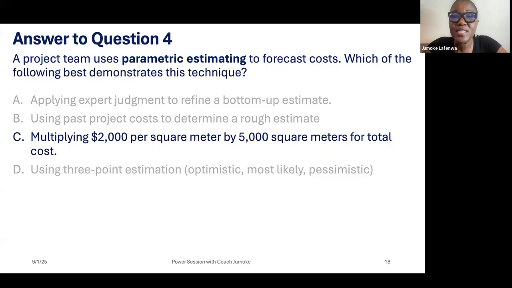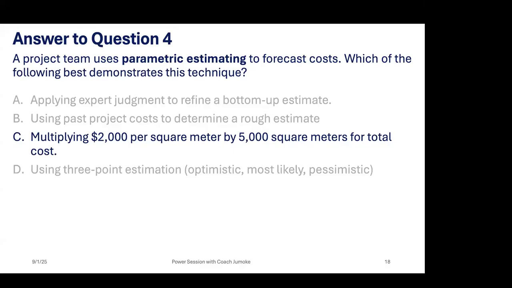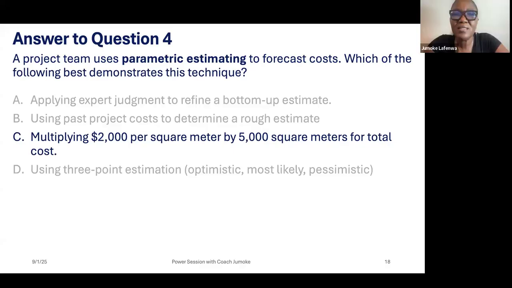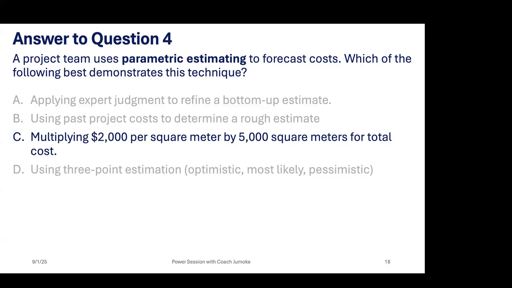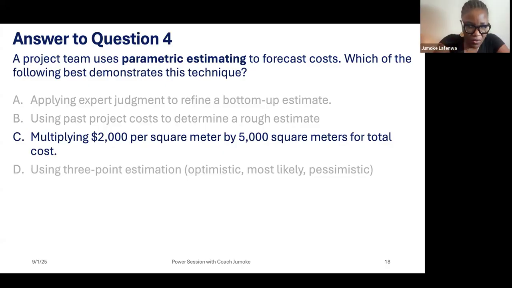Okay, I get what you are saying. There's nowhere that says the rate is from past projects. They are not really testing whether it's construction. They just want to know whether you know that what they've done in C is parametric estimation. It could be that someone actually looked for the rate per square meter, and it's 2,000.